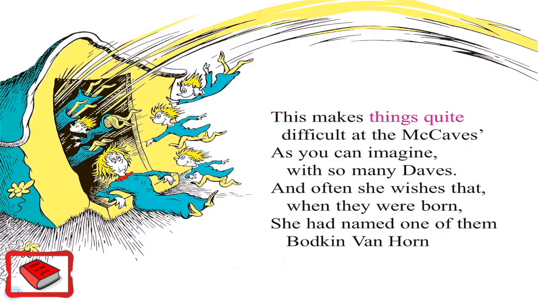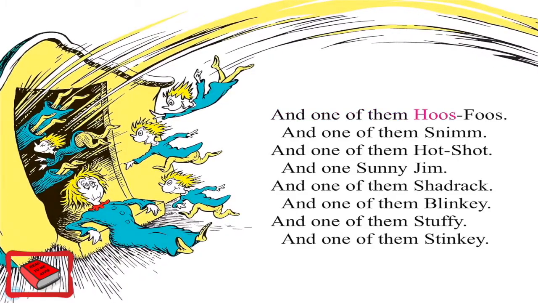This makes things quite difficult at the McCabe's, as you can imagine, with so many Daves, and often she wishes that, when they were born, she had named one of them Bodkin Van Horn, and one of them Who's Foos, and one of them Snim, and one of them Hotshot, and one Sunny Jim, and one of them Shadrach, and one of them Blinky, and one of them Stuffy, and one of them Stinky.